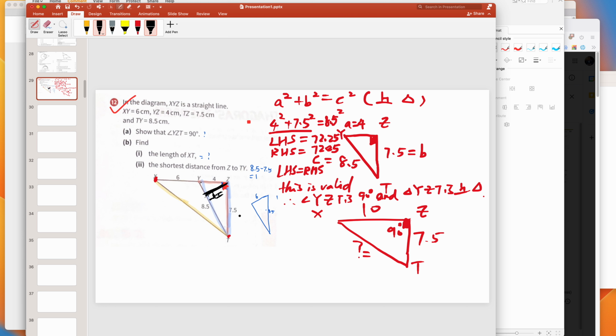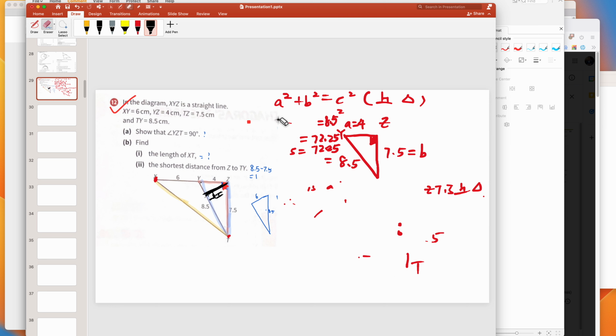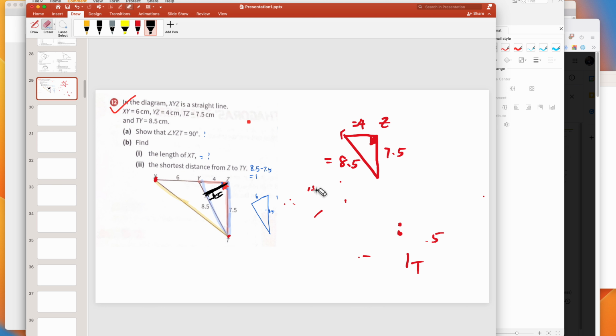So you should focus on this triangle only. I'm going to erase this because I don't need to use it. I also don't need this because this is for part A. This is a, this is c, and this is b.